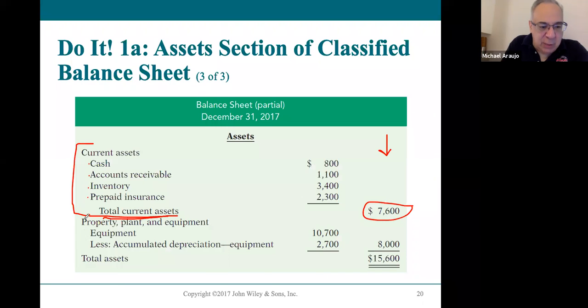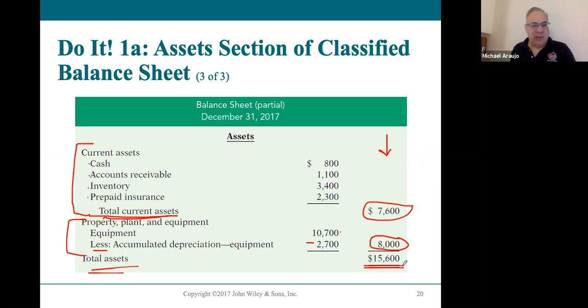So as you see here, property, plant, and equipment is listed first. We take away our accumulated depreciation, leaving a book value of $8,000 for the equipment. Total assets are always the way we're going to finish, $15,600. So your homework is going to look like this.